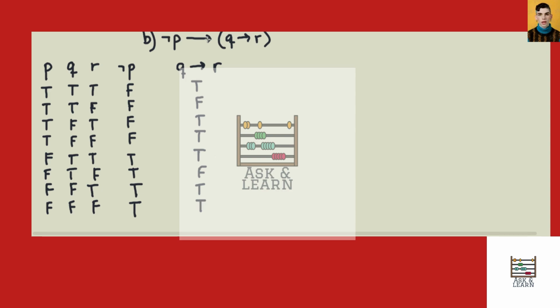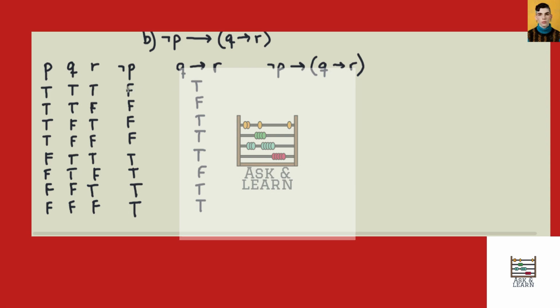Now we will write the complete compound proposition. Negation of P, conditional statement, Q, conditional statement, R. Now again, we know that for the conditional statement, if the first proposition is true and the second proposition is false, it'll be false. It will be true otherwise. So now we will look at the fourth column and the fifth column in order to solve for the truth values.